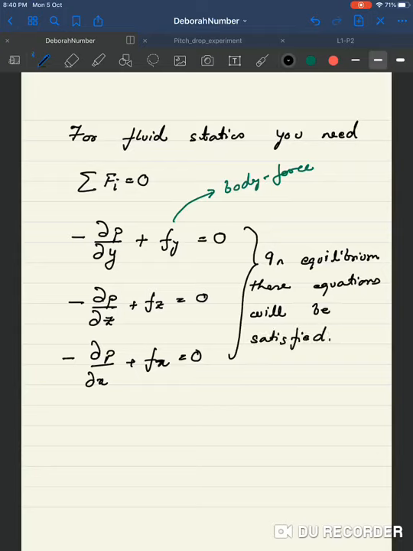And we had already discussed that the general body forces are the gravitational body forces. So if you know that gravity is the only relevant body force, these above equations will change into these.